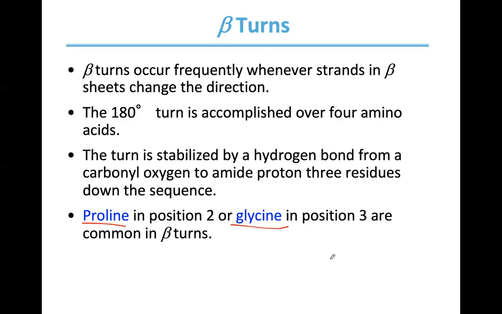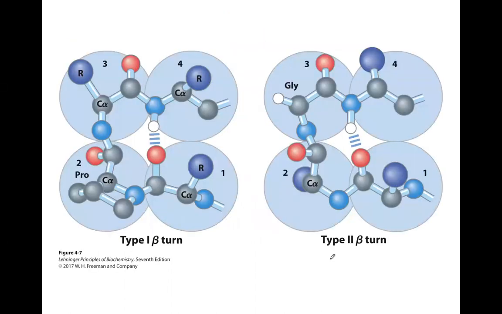So in alpha helix, we didn't want proline and glycine. In beta turns, that's exactly what we want. So there are 2 types of beta turn. Don't worry about the difference. The difference is just kind of puckering, actually the type of twist. But the whole point is that you come in from amino acid 1, and there's a carbonyl here. Then there is a proline residue at this position.